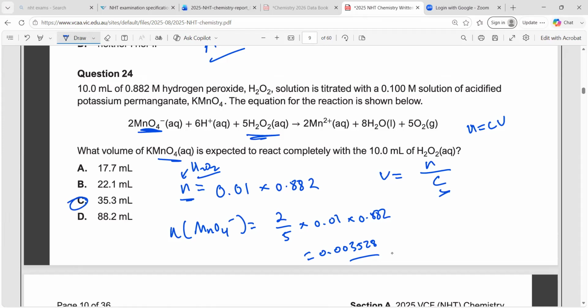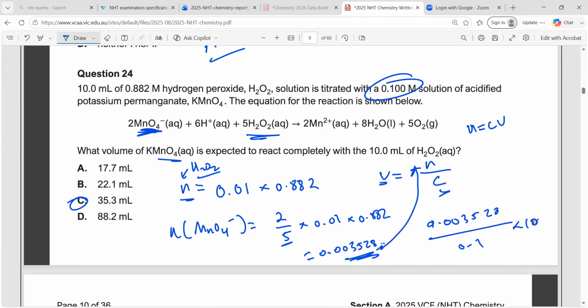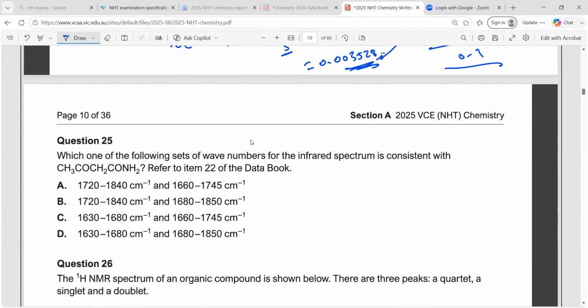Pretty easy. You do 2 over 5 because there are 2 moles to 5 moles. So you get the moles, and because you want the volume, it would be volume equals that divided by the concentration, which has been given here. So 0.003528 over 0.1, and you times it by 1,000 because that would give you the answer in millilitres. So that should be that.